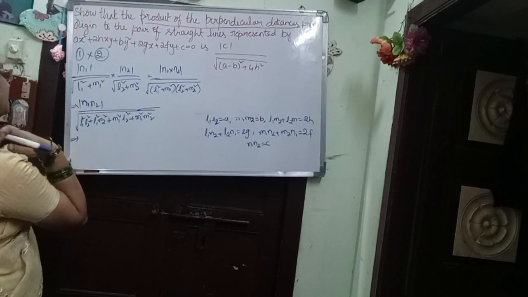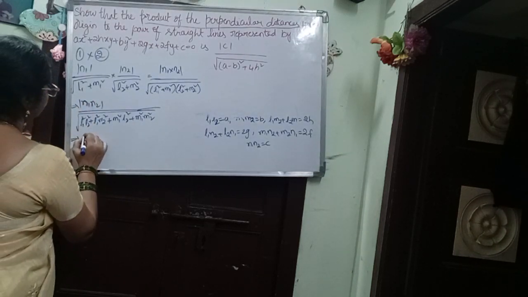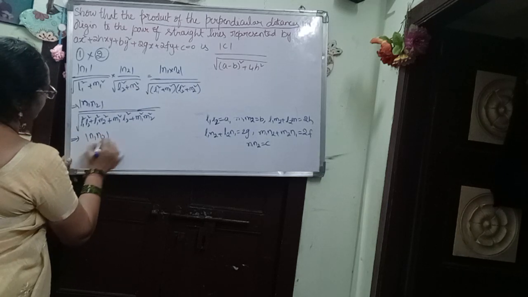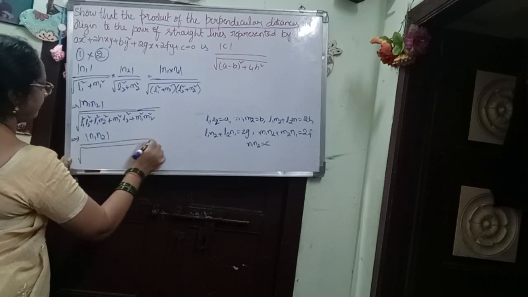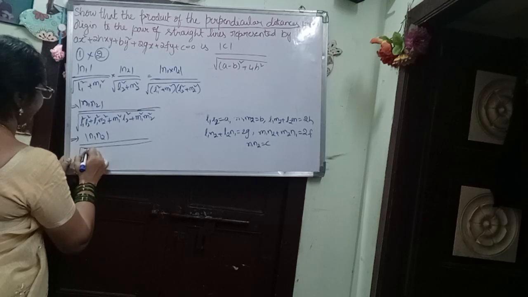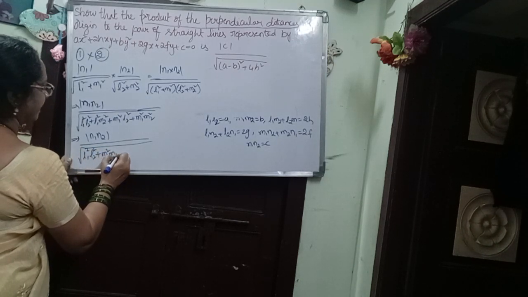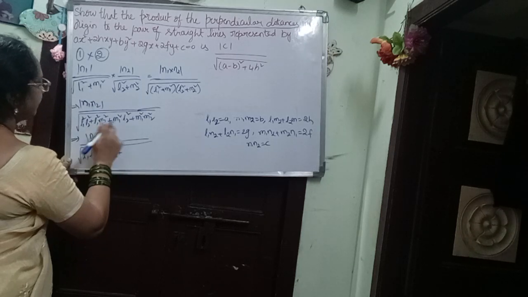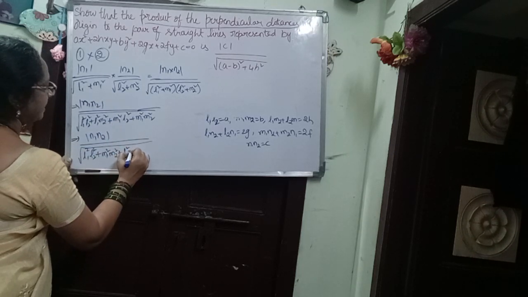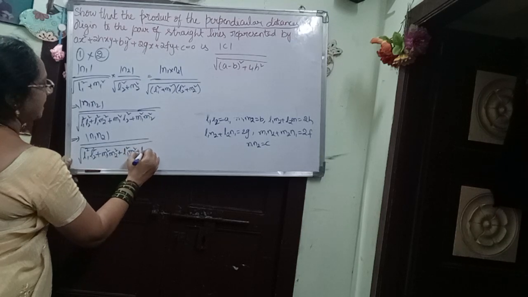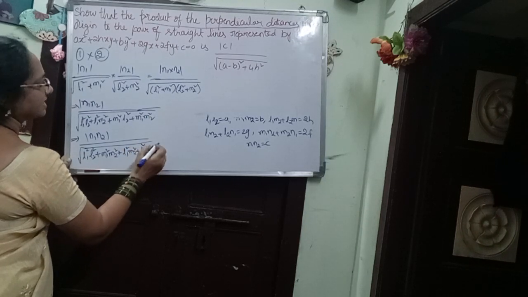That implies mod N1 N2 by root of L1 square L2 square plus M1 square M2 square plus, here what we got? L1 square M2 square plus L2 square M1 square.